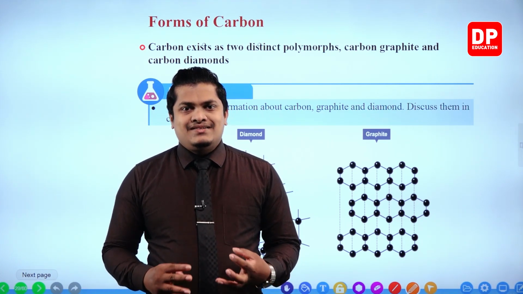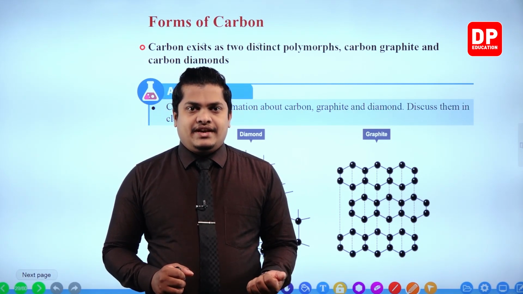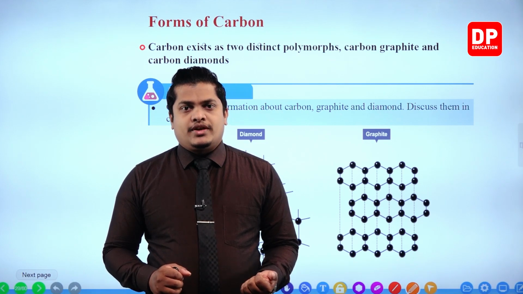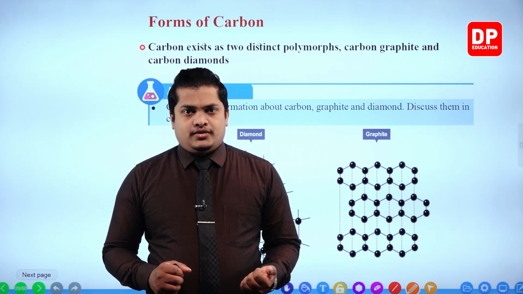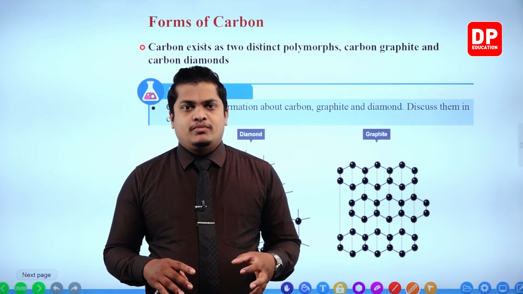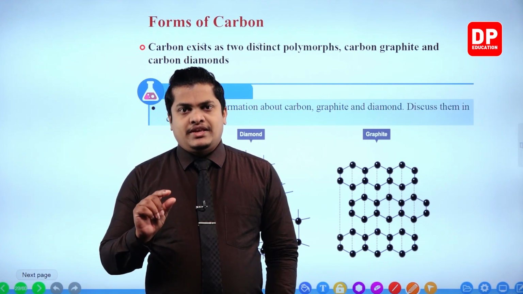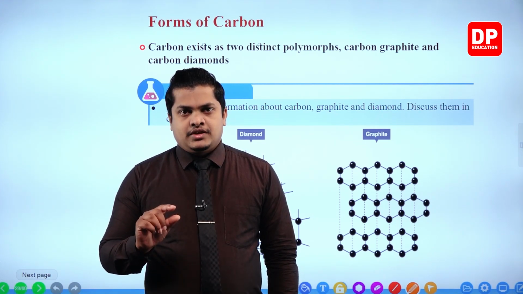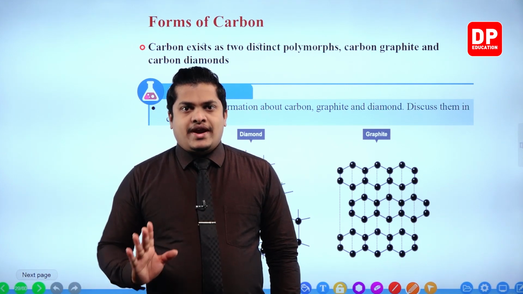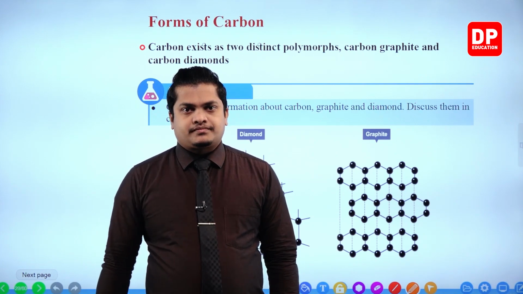Usually in our environment sodium is not available as a metal, but it combines with other substances to make compounds. I'm not talking about those compounds, I'm just talking about the element sodium. Usually when you extract sodium, it is observed as a metal.